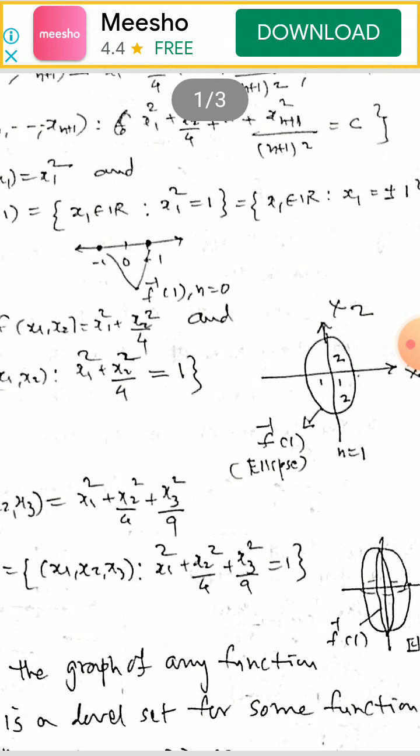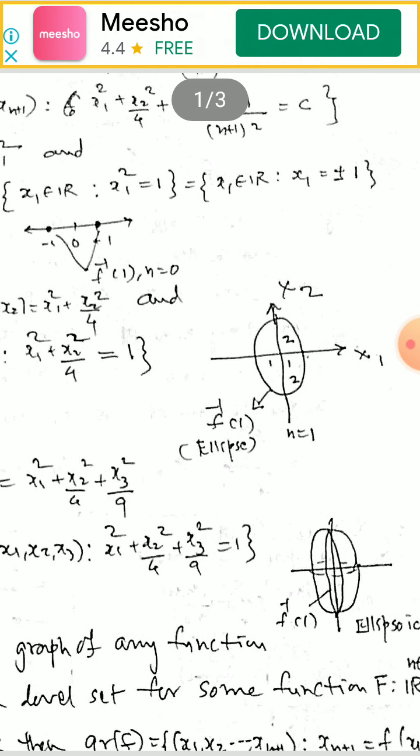Now you are familiar with this. This is the equation of the ellipse, namely x square upon a square plus y square upon b square is equal to 1. X means x1 and y means x2. So x1 square upon 1, that is 1 square, plus x2 square upon 4, means 2 square. So this is the ellipse. See the ellipse. So this ellipse is our f inverse 1. All the points on the ellipse.